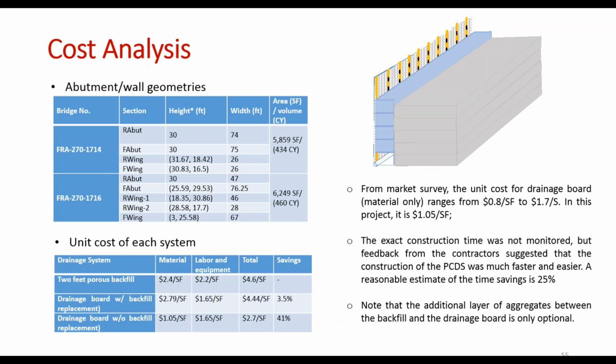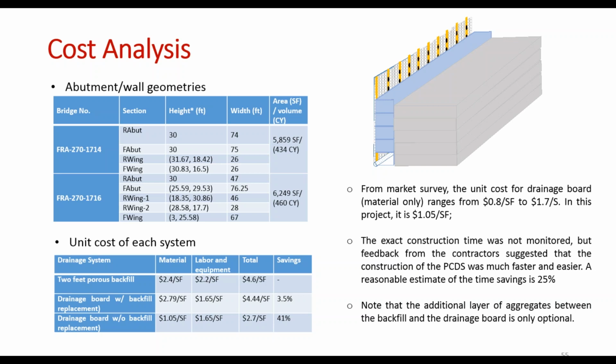And then the labor is less than that, and we communicated with the contractor. Although we didn't precisely monitor the time spent, the contractor suggested that the construction of the PCDS was much faster and easier.